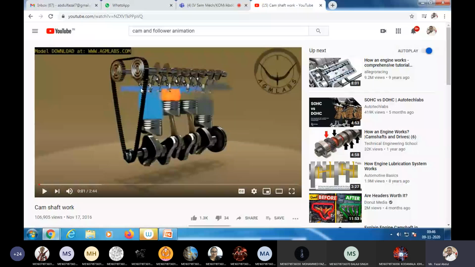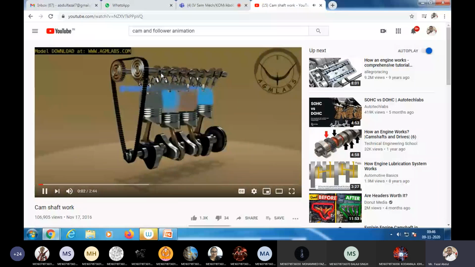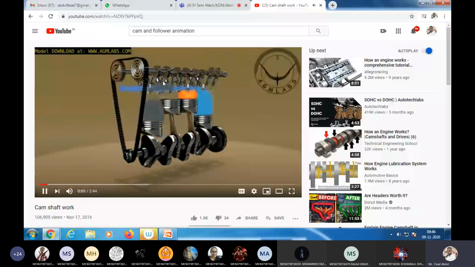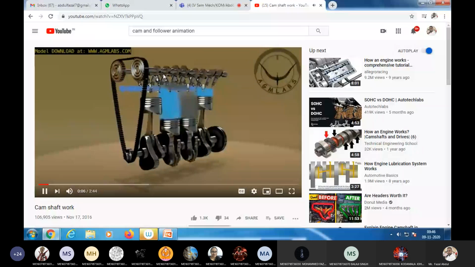Okay. So whatever power is coming from the crankshaft, some of the power is transmitted to the camshaft. On the camshaft, cams are mounted. So here, how are the cams operating?